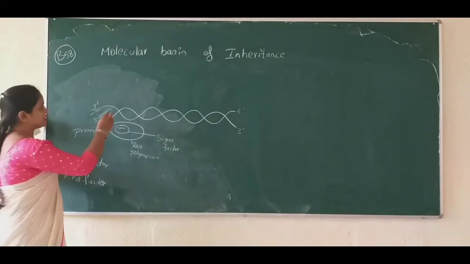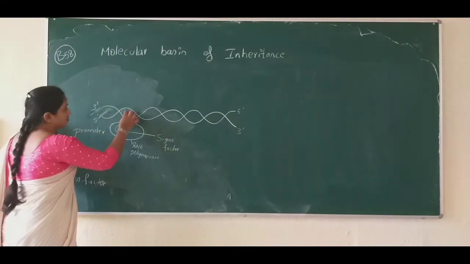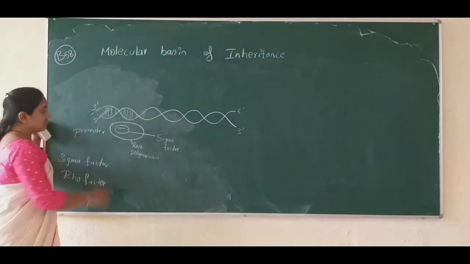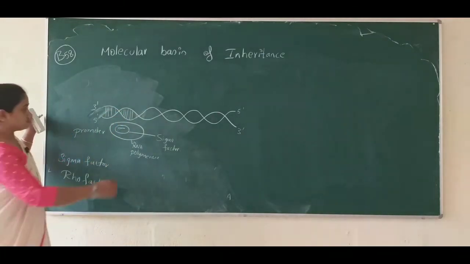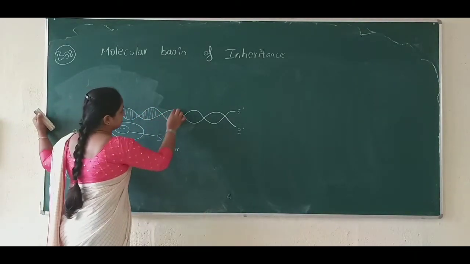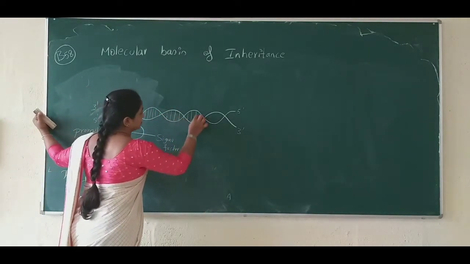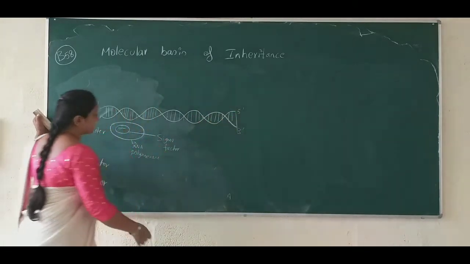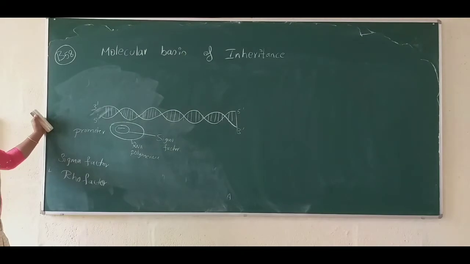It recognizes that this is the promoter region, and from there it can start transcription. These are the nitrogen bases present in the DNA, as they have given.